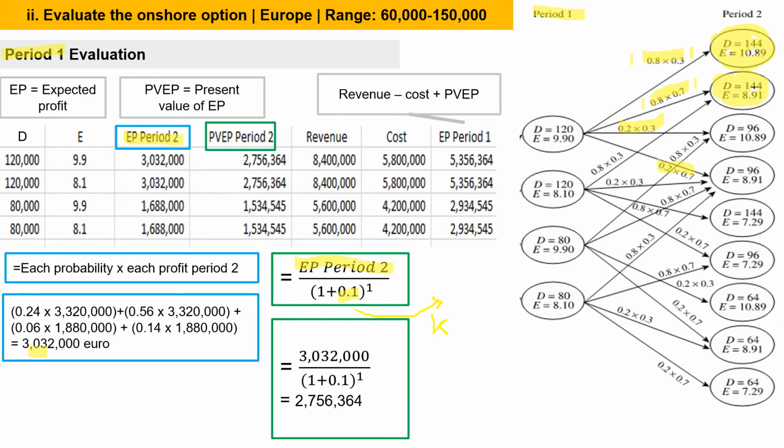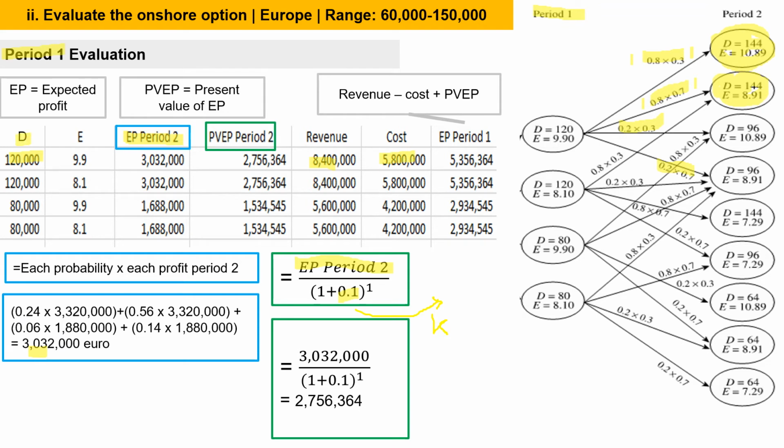And for the revenue, it is still the same, the demand here times the price. So 120,000 units times the 70, and we get this number. And then the cost is also the same, the fixed cost plus the variable cost times the demand here, and we get this cost.